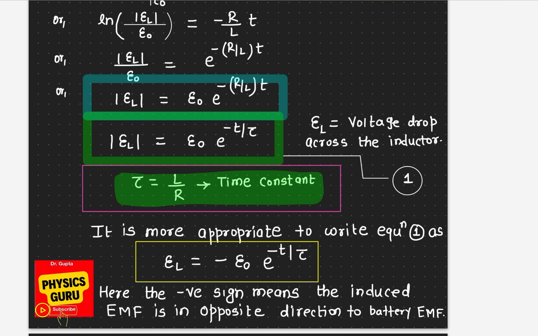So there is a physical meaning to this time constant. And again, one more time, what does this term mean? This is the induced EMF across the inductor at any point.